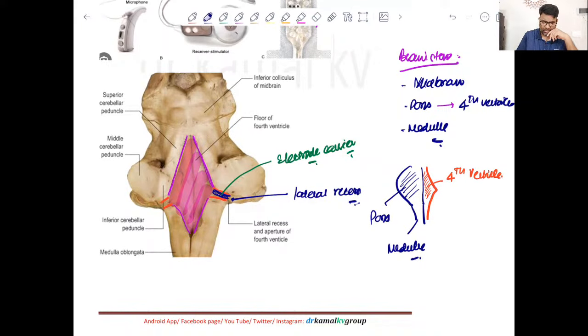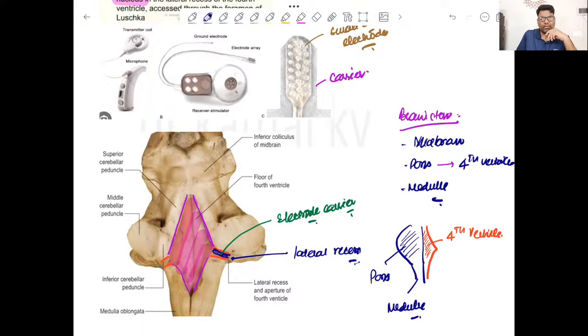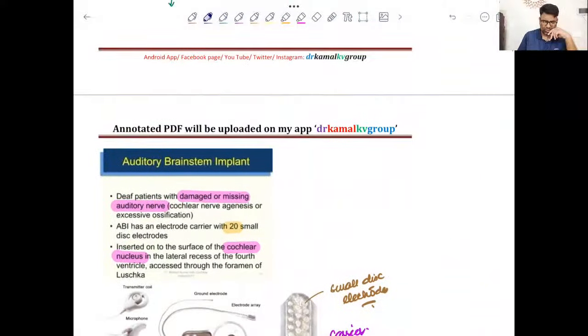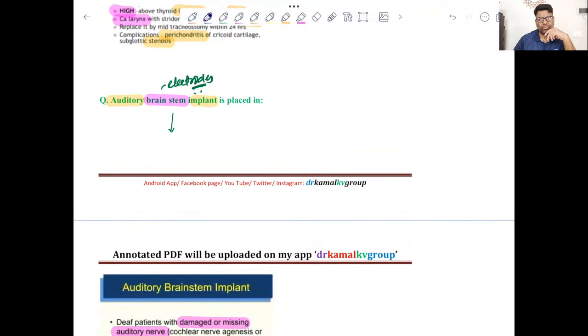Anyway, I think the placement of this auditory brainstem implant might be clear to all of you. We use the lateral recesses related to the fourth ventricle for the placement of the electrodes, which are in close proximity to the cochlear nuclei. Fine. So this is in short about the placement of the implant electrodes.